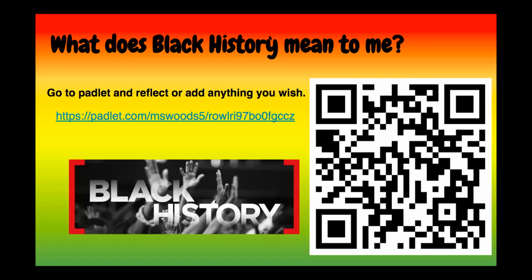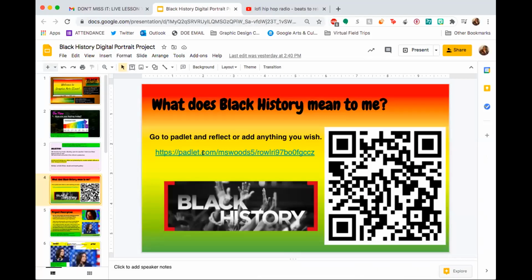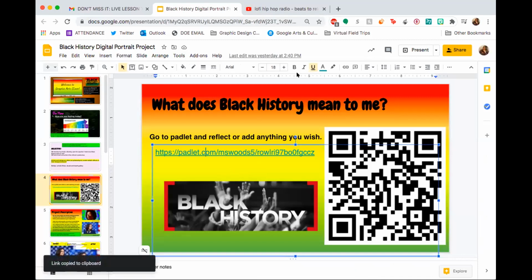All right. So you guys can scan this QR code, or you can just go to the link I'm going to send in the chat. And you can log in for this, or you could do it anonymously.